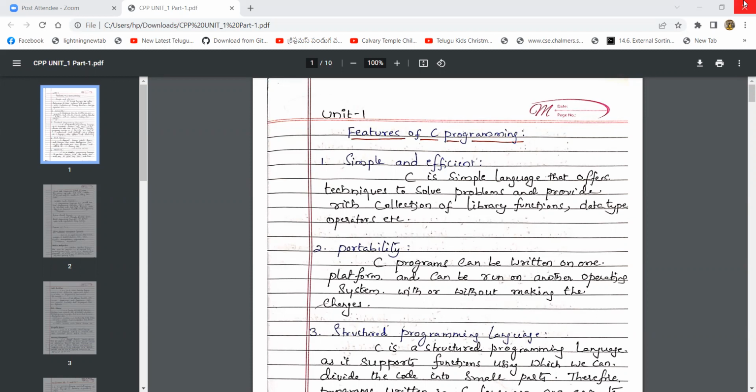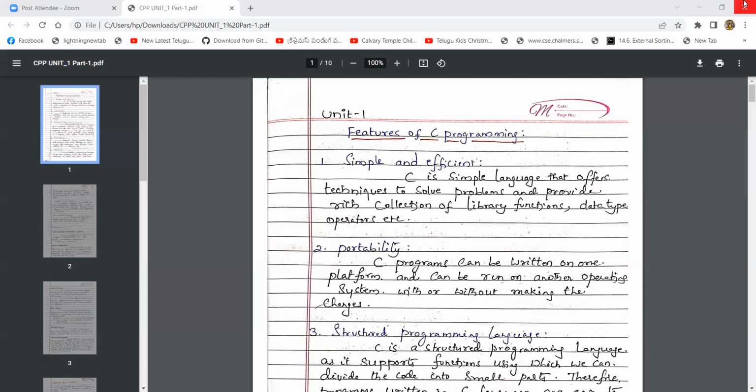Even though C was developed in 1972, and now we are at 2022, almost 50 years, the language still has that much importance, because it is a basic programming language. If you know the terminology of C, you can understand every programming language. So we can say C is a basic programming language for all the programming languages.